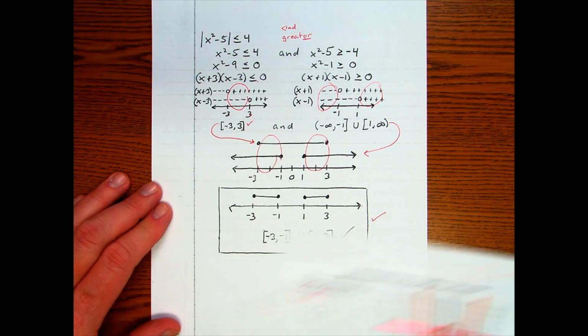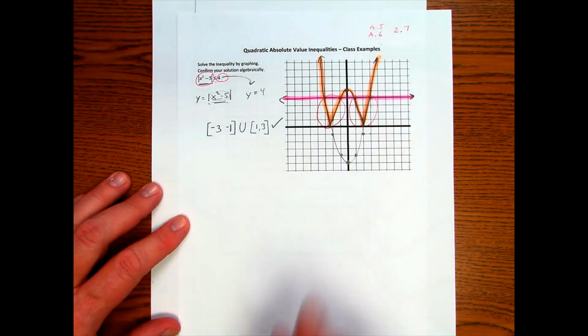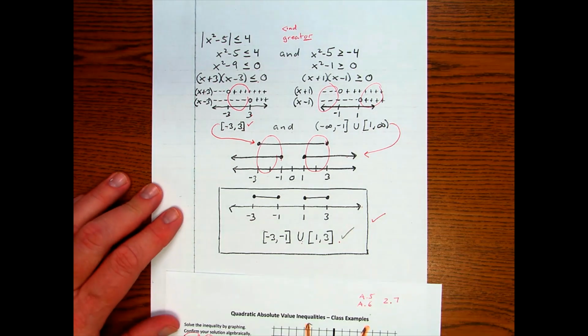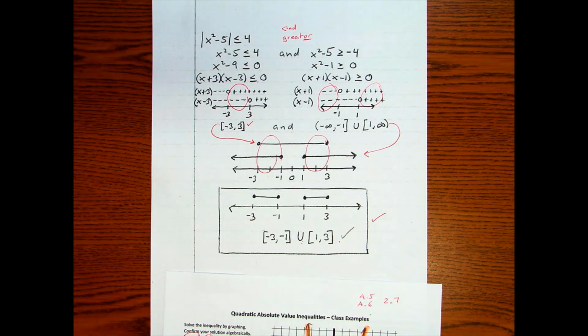So when this does work out cleanly, it's to your advantage to be able to deal with it that way. But you also still need to have this skill set to get to solutions in certain situations. All right, that wraps up question number 1.